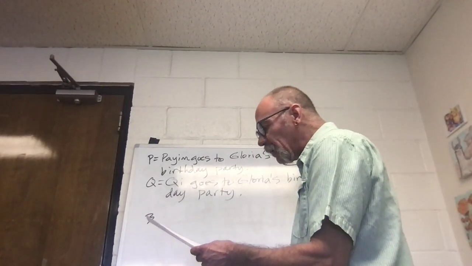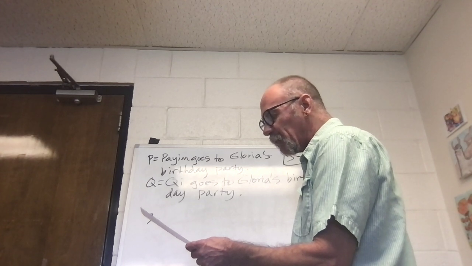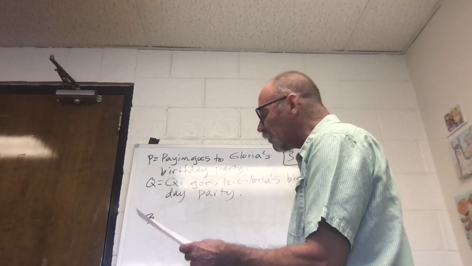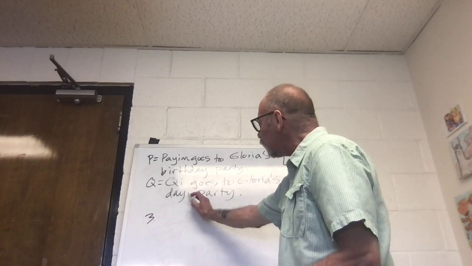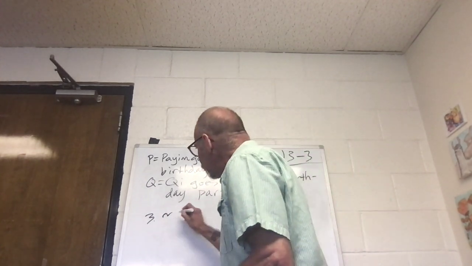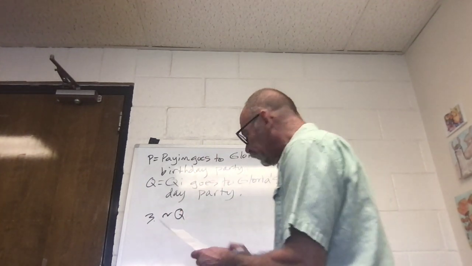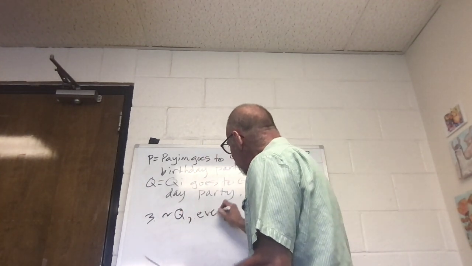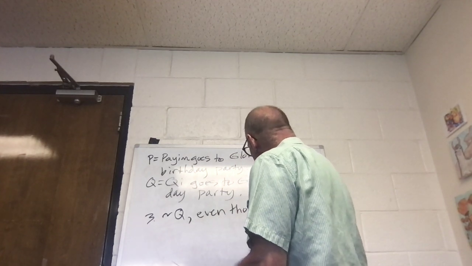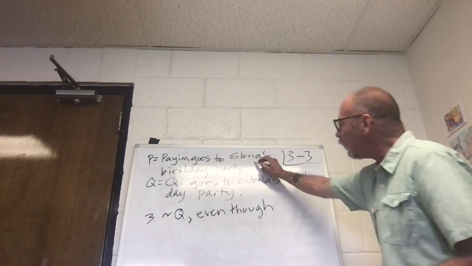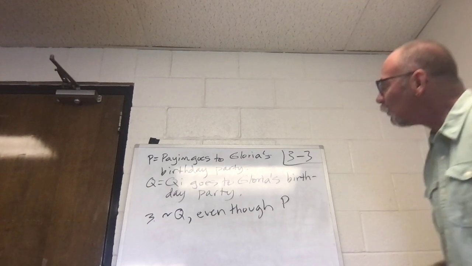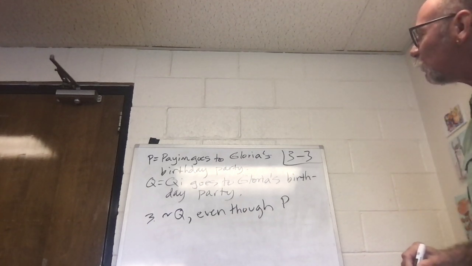So let's see. 3 starts out by saying Key will not go to Gloria's birthday party. Key will not go, that's the negation of Q, comma, even though Piam will, which is asserting that Piam goes to Gloria's birthday party.